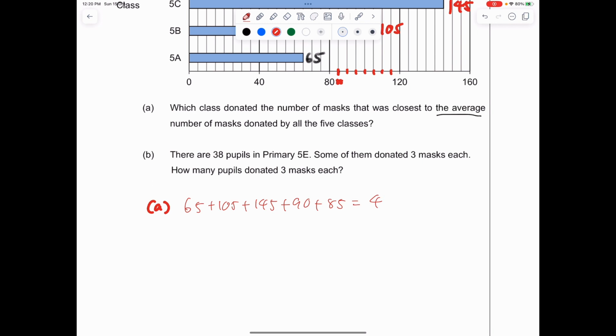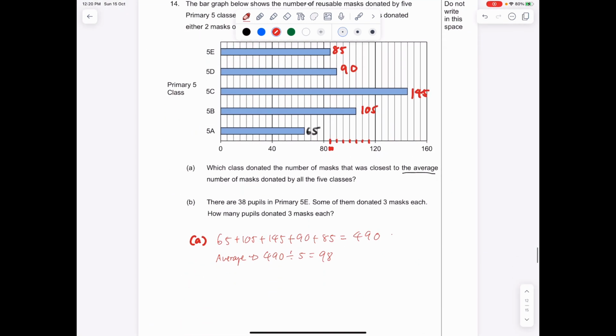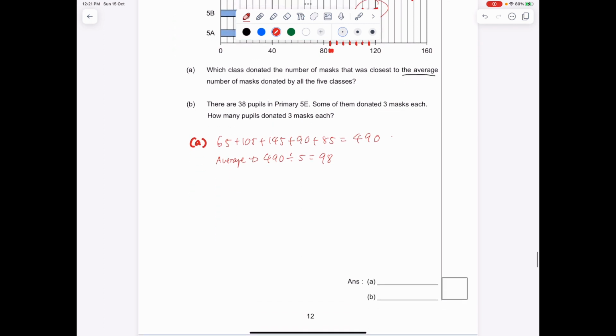The total is 490. To find the average, you would then take 490 divided by 5 classes equals 98. So the one that is closest in this case would be 5B, because it's just 7 masks away. So 5B.